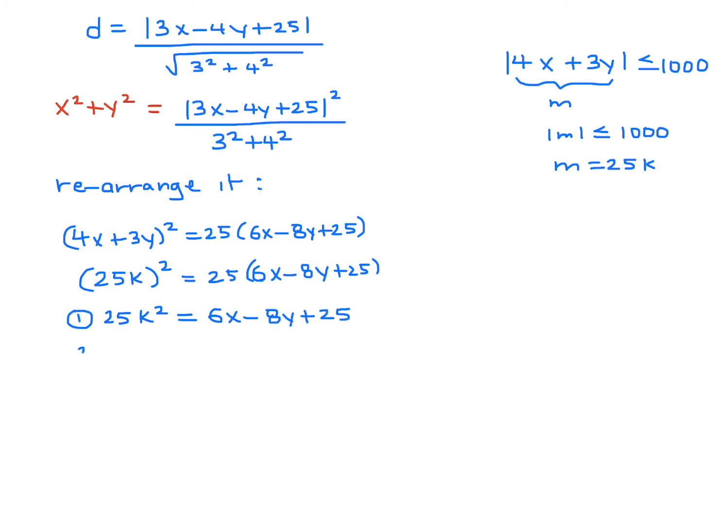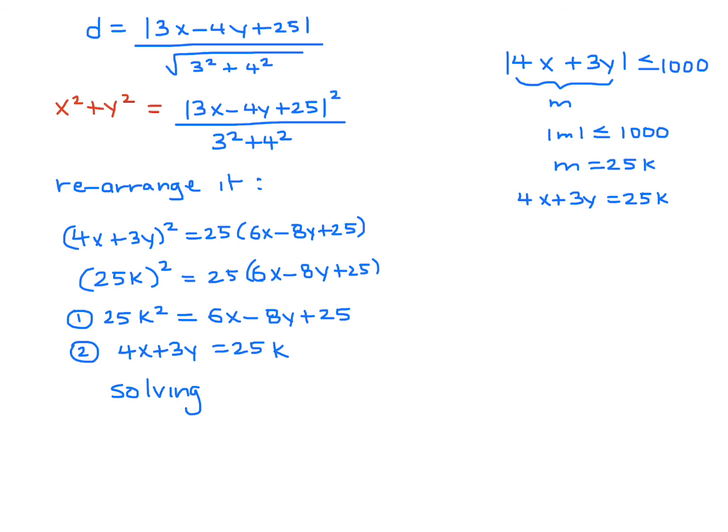And this will be my equation 1. My equation 2 will just be this one right here, where in particular 4x plus 3y is equal to 25k. That is my equation 2. 4x plus 3y is 25k. And now we have to solve these two.